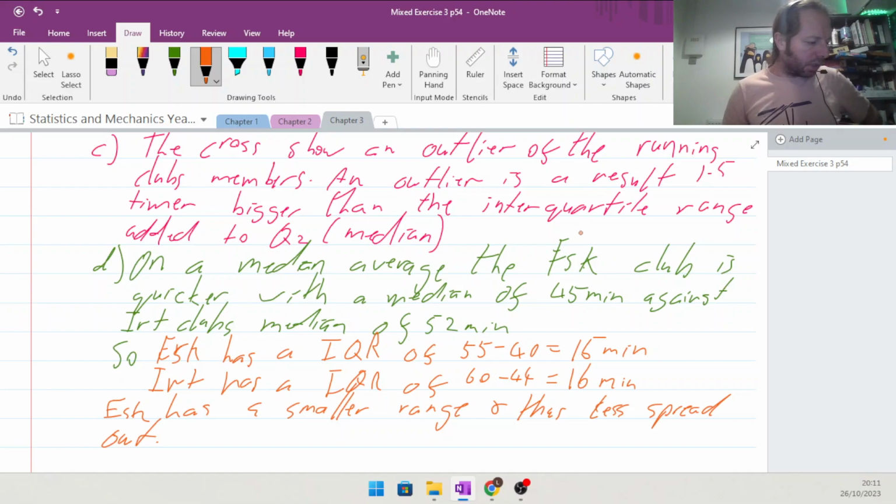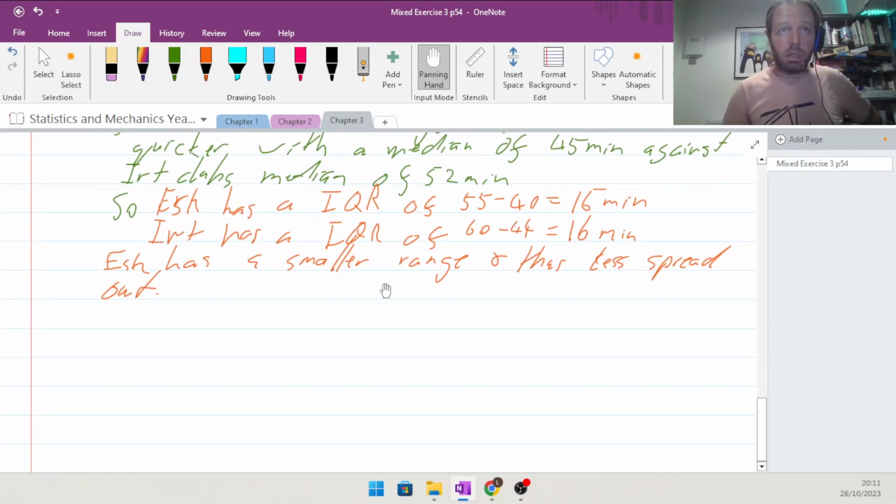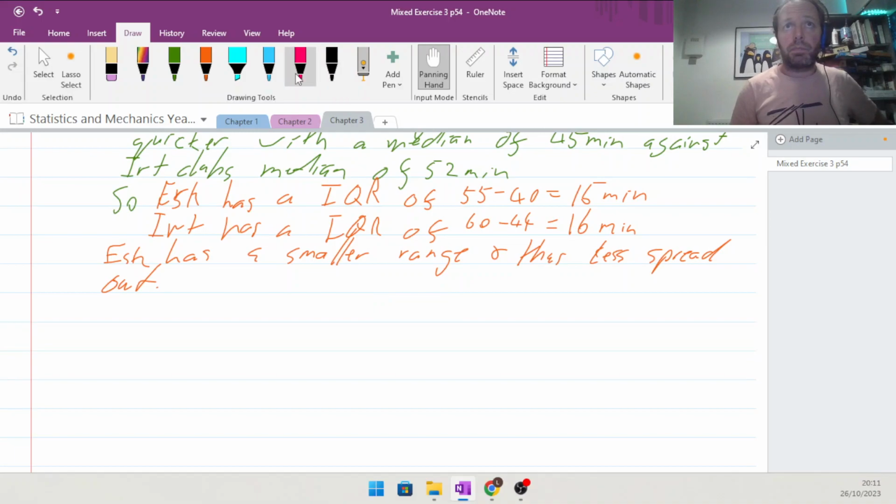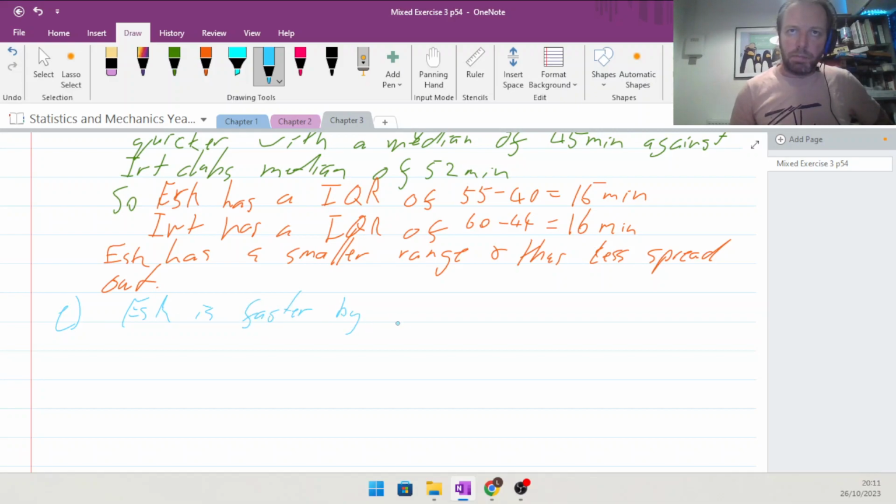What conclusions can you draw from this information about which club is faster? We can simply say that Esk is faster by average and less spread out.